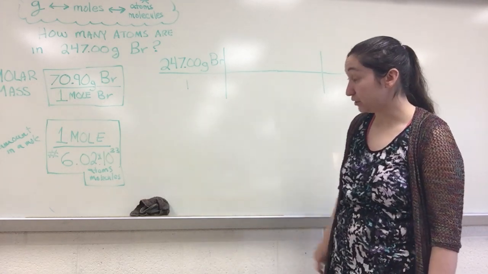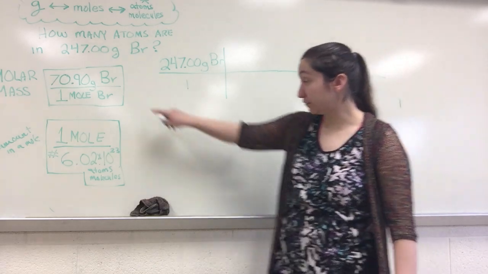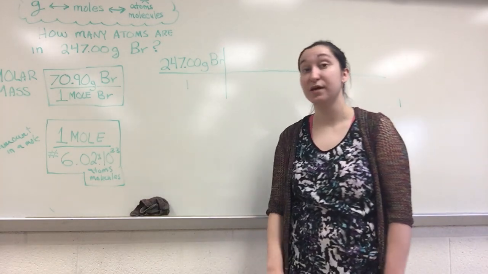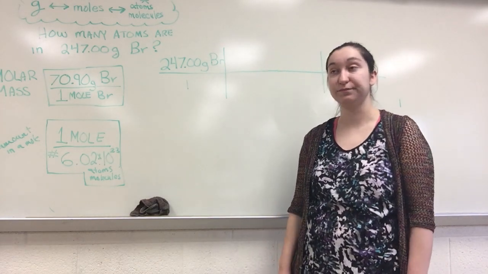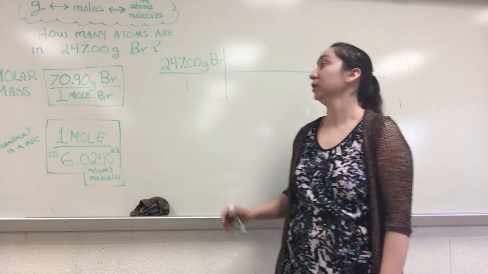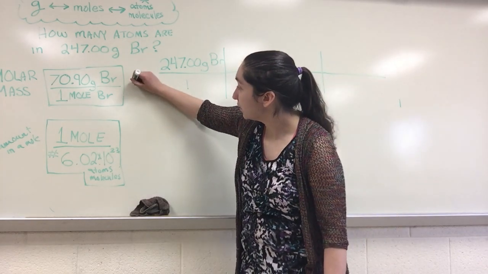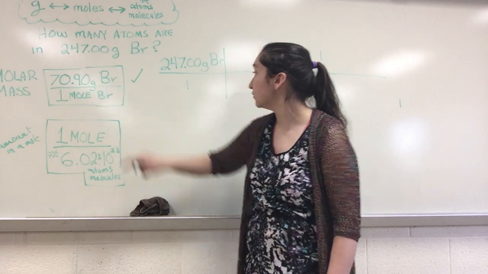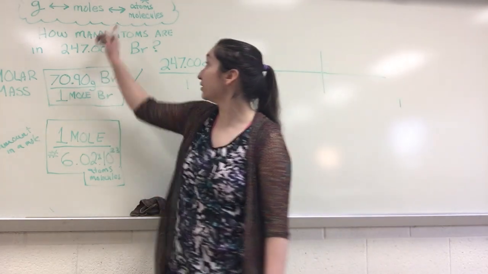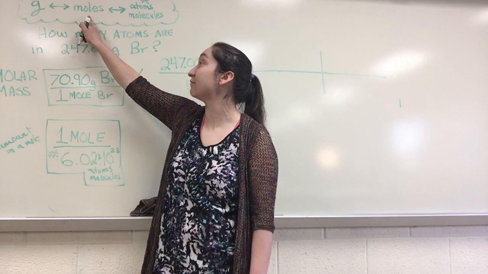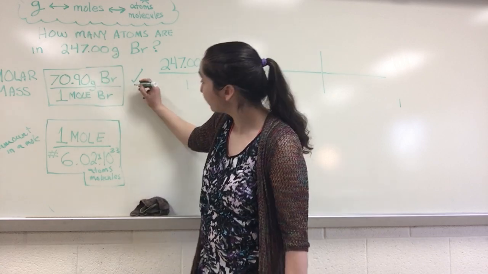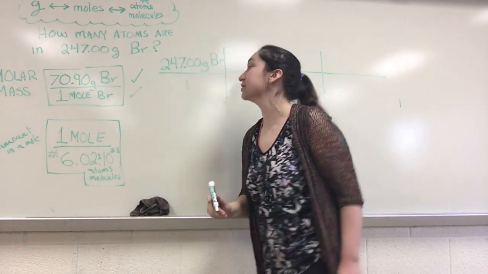So which one of these 2 conversion factors has grams of bromine? Looking over there, that's this guy right here. I see grams, which is great. And I know in order to get over to molecules, I'm going to have moles. And it's also got moles in there, which is double great.